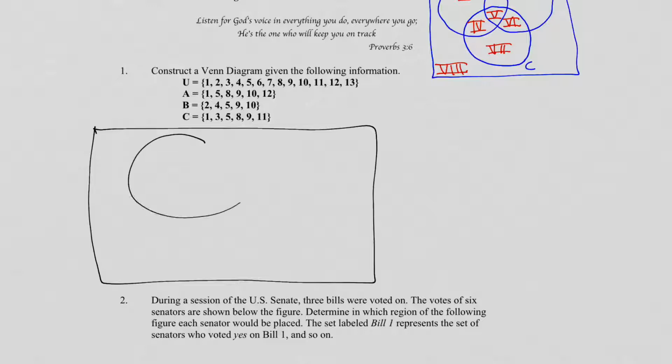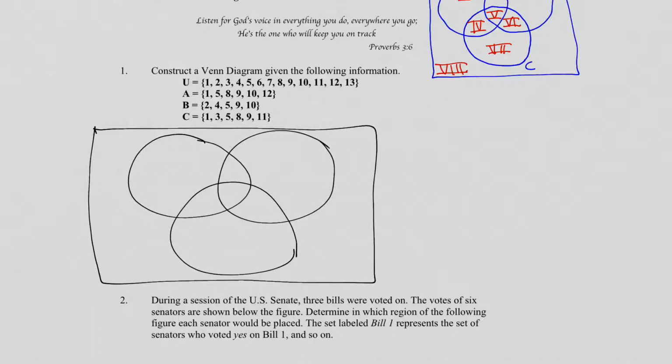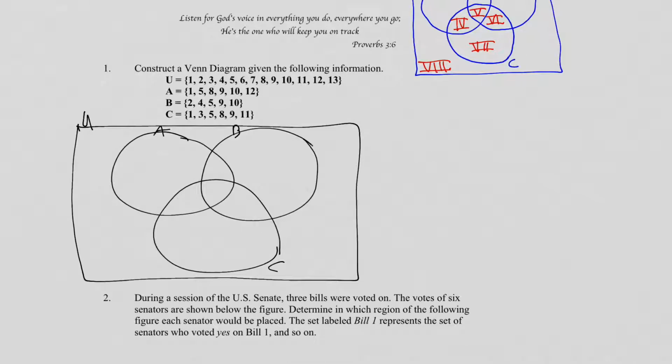Then make your 2 circles at the top, 1 at the bottom. Okay, this is U, this is A, this is B, and C. So what we want to do is start with the center and work outward.